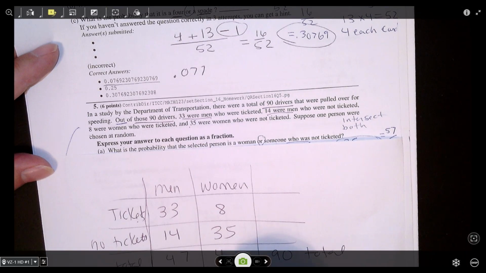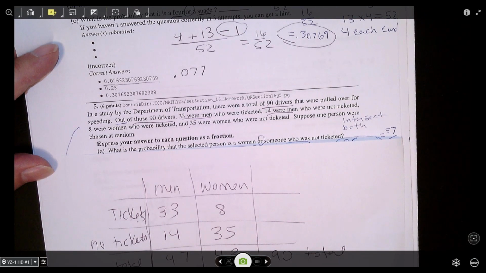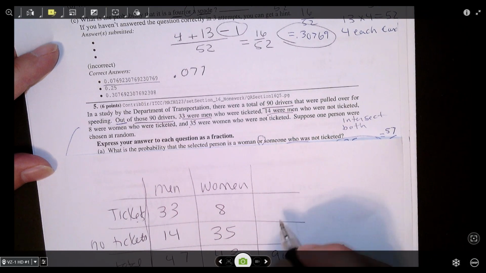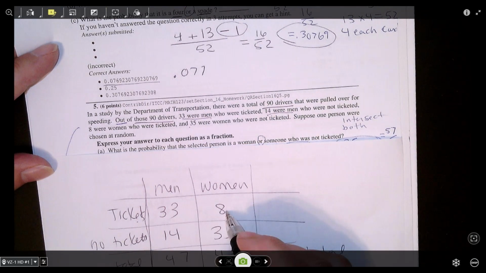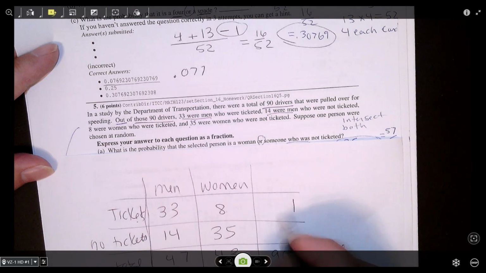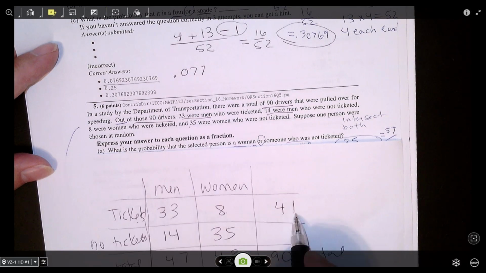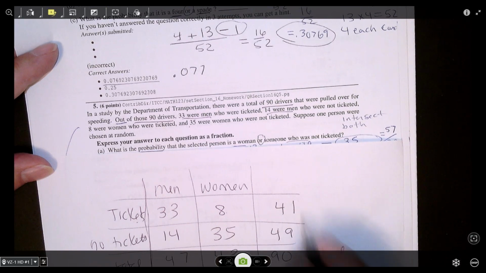So the total women were 43. And if I check, these add up to 90, which is a good balance. 33 and 8, total ticketed would be 41. And this balances. So it checks out.